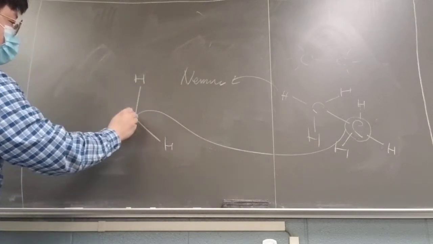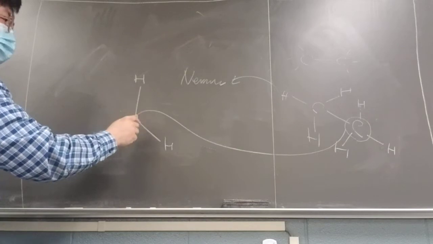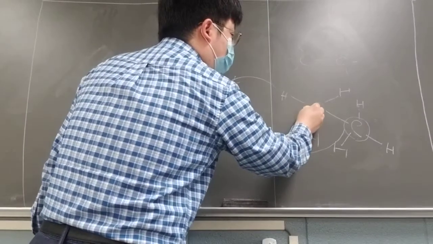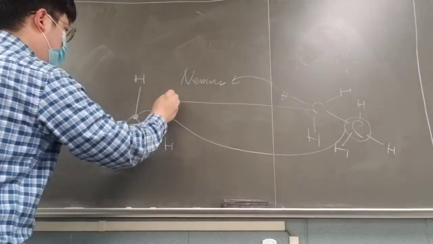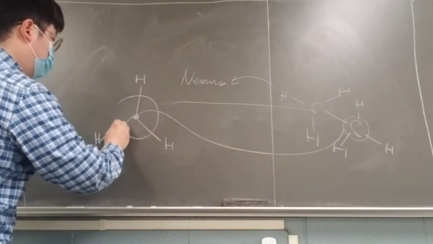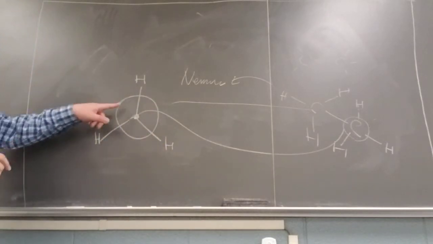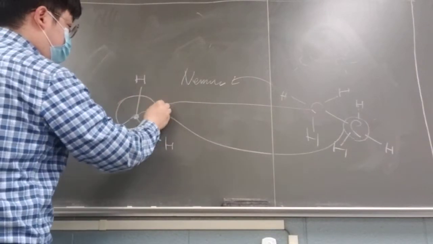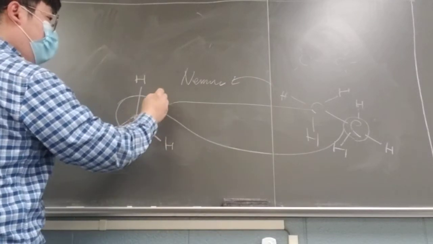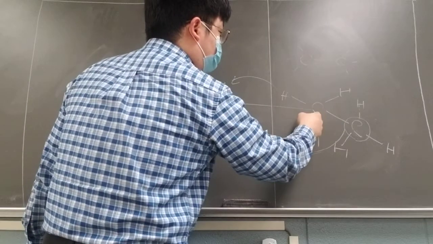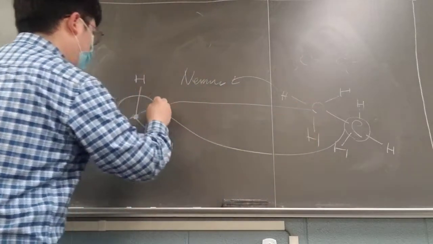This little dot over here is the carbon in front; we just don't say it. And the carbon on the back is drawn as a bigger circle. So this carbon is on the back, this is the carbon in front, and then you draw the bonds to the carbon on the back this way.